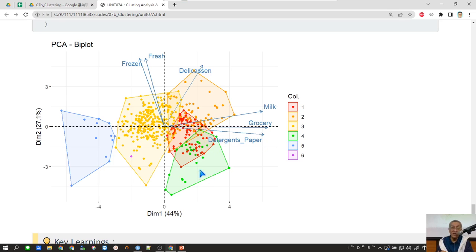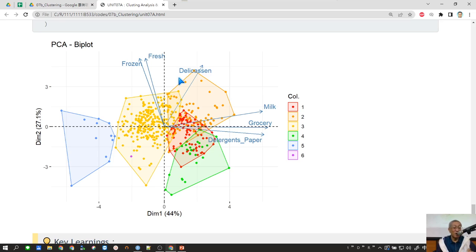Within these 3 groups, there are also differences in the amounts of these 3 categories. This group buys more of these 3 and more of these 3. And this group buys more of this category, but less of that category. You see that? So in this way, we have a very systematic and holistic idea. We separate the groups based on their buying behavior.